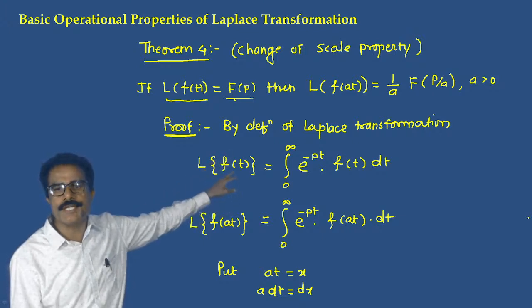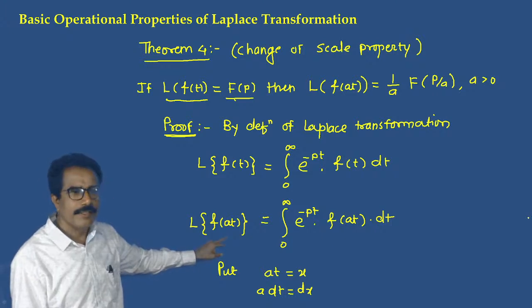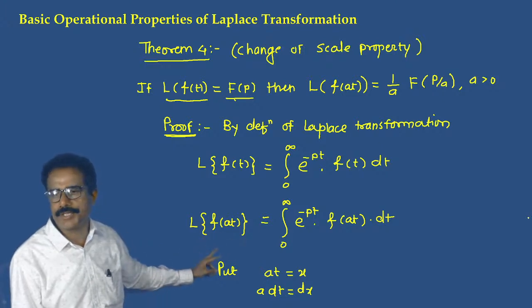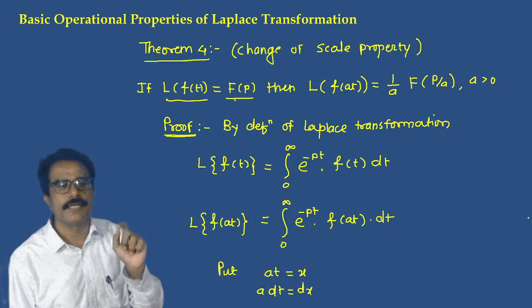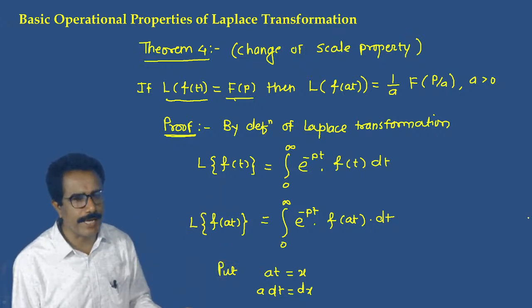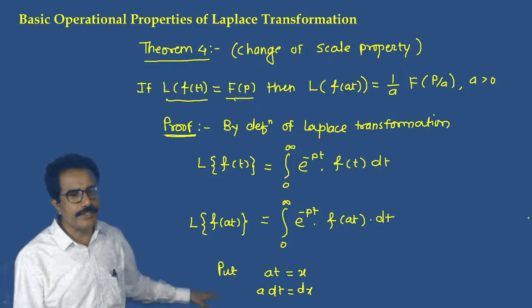That means we have to change the variable t to at. So we change the variable, and we get the Laplace transformation of f of at, which is equal to the integral from 0 to infinity of e raised to minus pt into f of at dt. Put at equal to x.